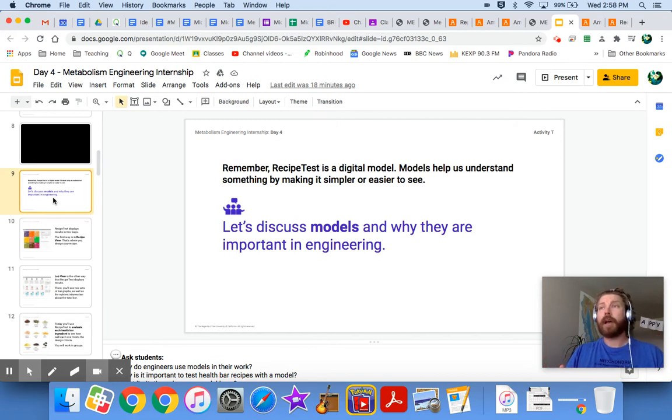We can just do it digitally. Also, we don't have to analyze each bar for its fat content, things like that, to find out how many calories it actually has. We can see right from the model a really good estimation of what that is. So models can be very helpful for helping us to understand things and accomplish things.